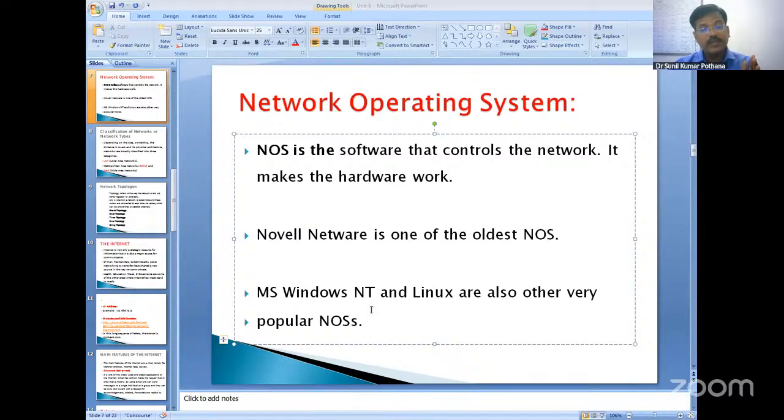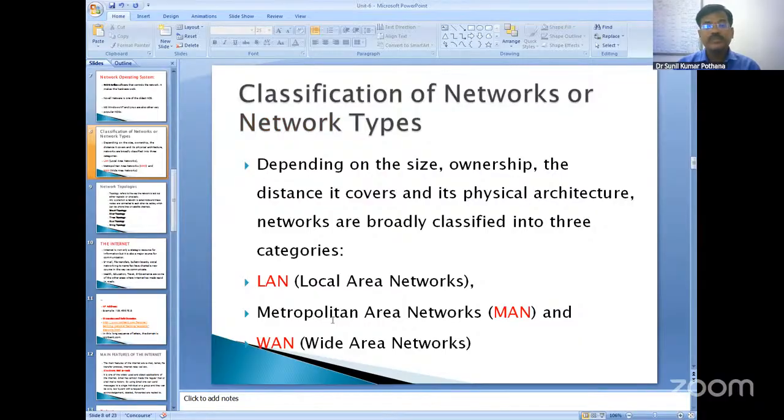There is a classification of networks, or network types. Depending on the size, ownership, the distance it covers, and its physical architecture, networks are broadly classified into three categories.